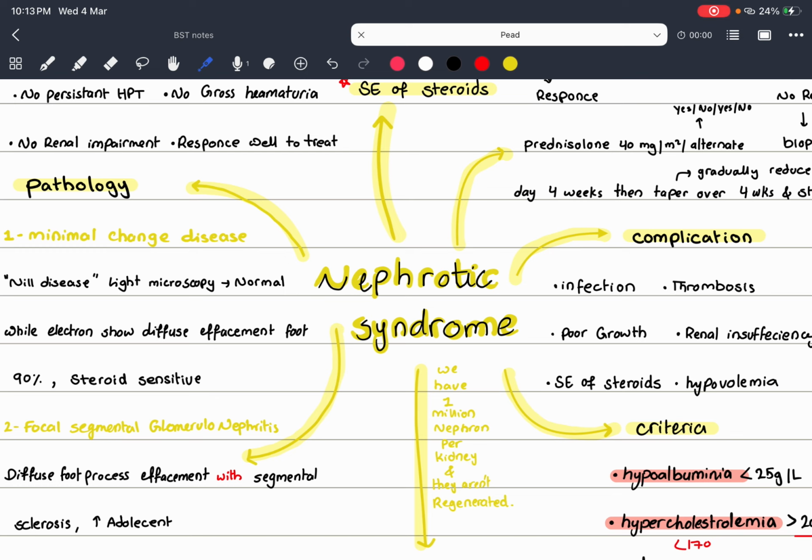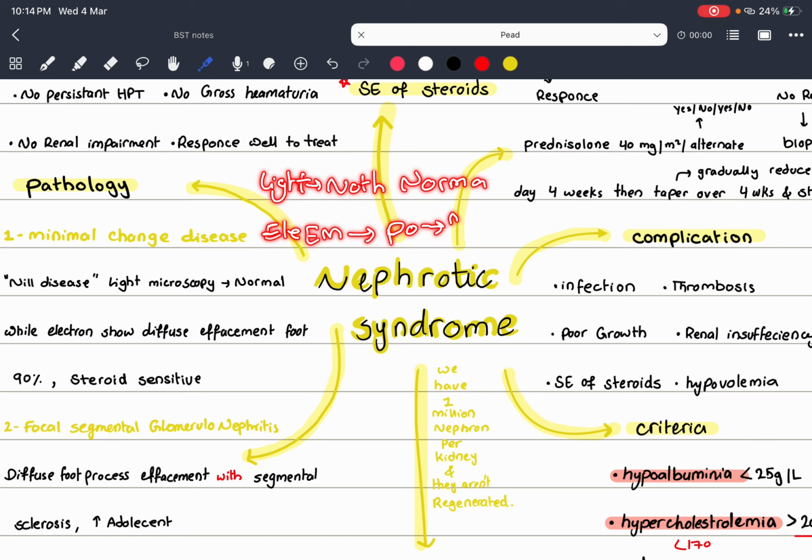What is minimal change disease? We call it minimal change disease because it's also known as nil disease. When we do light microscopy, what do we see? Actually nothing, it just looks normal. But if we do electron microscopy, we see that the podocytes I've told you about are injured.